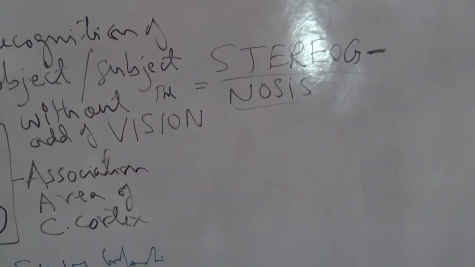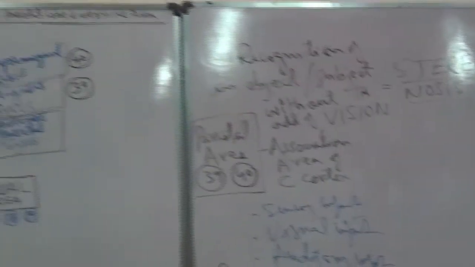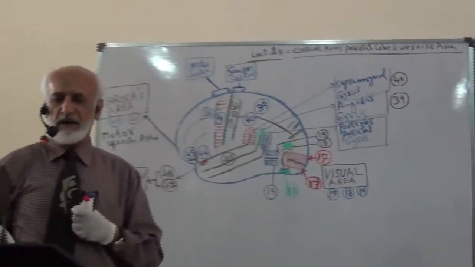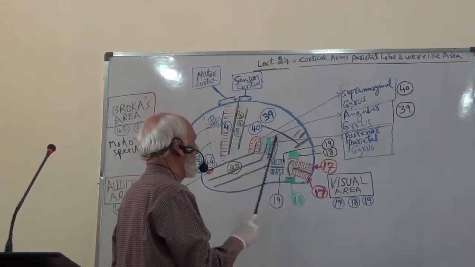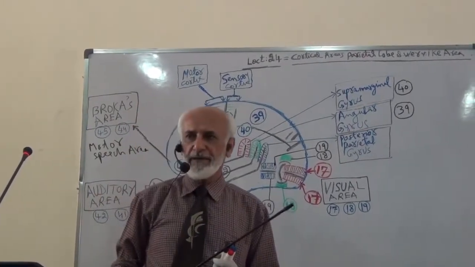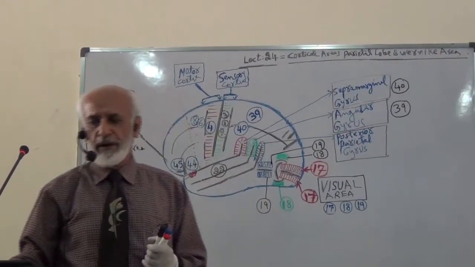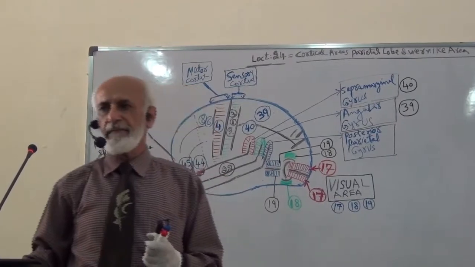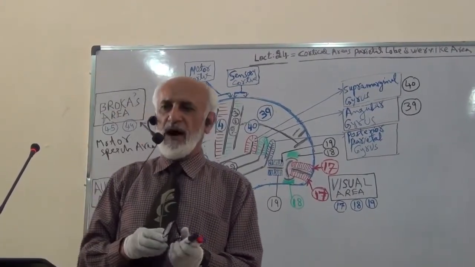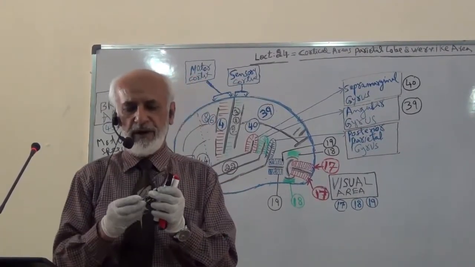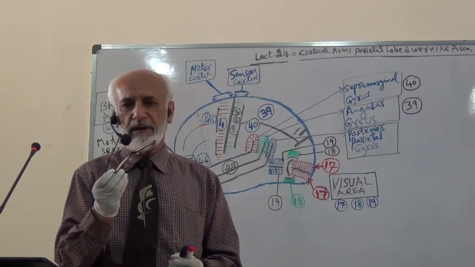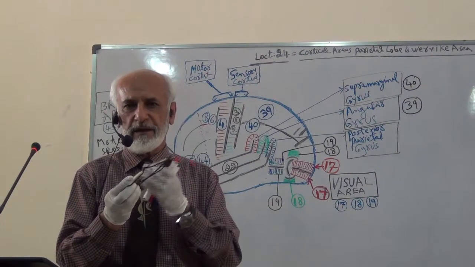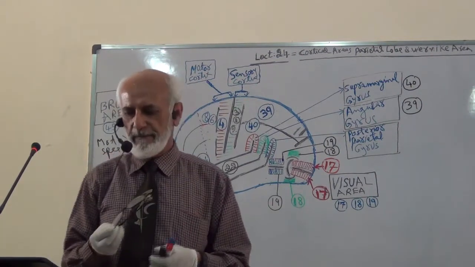Recognition of an object without the aid of vision is called stereognosis. It is also the function of area number 39 and 40. Now, if there is a lesion of this area, and you ask your friend what this is, while he is feeling it and seeing it, he will say these are glasses.